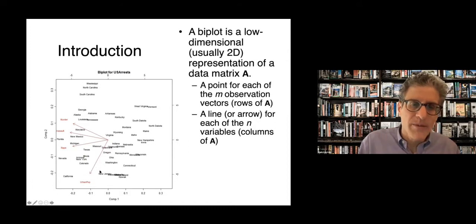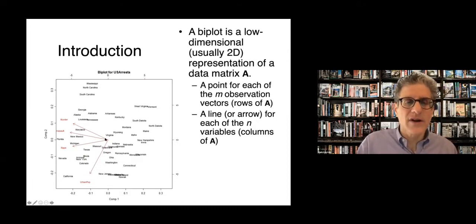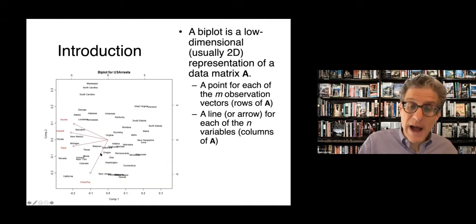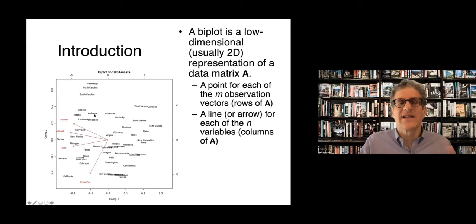And up and down on the vertical axis is an axis more dominated by the urban pop direction. If we go from Mississippi, North Carolina to New Jersey and Hawaii, that's the degree to which we tend to get arrests for urban pop. And if you think about it, that's a very intuitive way of seeing this whole data set.